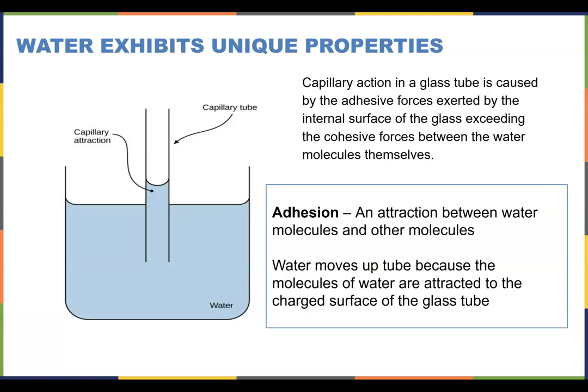Adhesion is the attraction of water molecules to other substances. Capillary action happens in plants. That's how water moves from the roots to the shoots in plants, and that's from that pull on water molecules. As one is pulled, it pulls the next one, and that one pulls the next one. It's kind of like a train, just pulling right along, and that's adhesion.